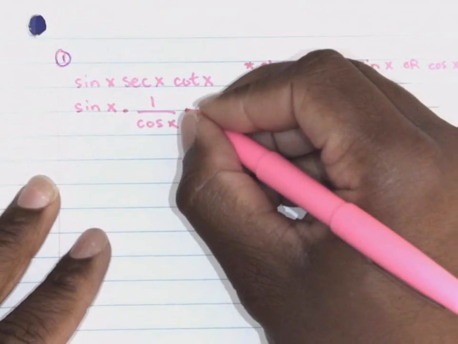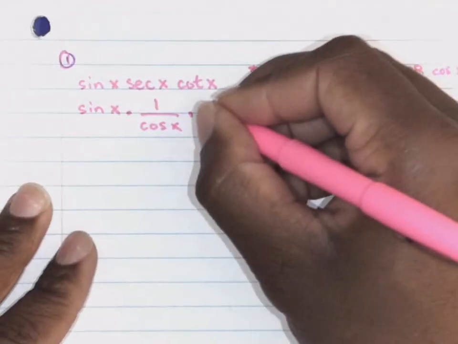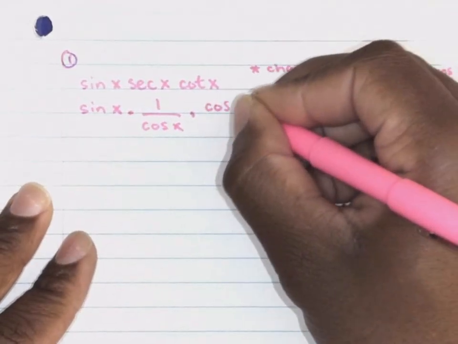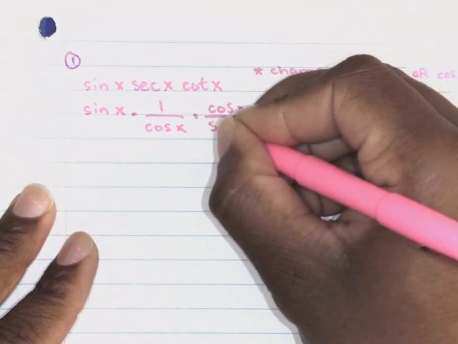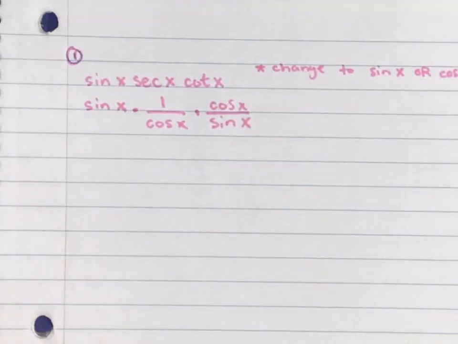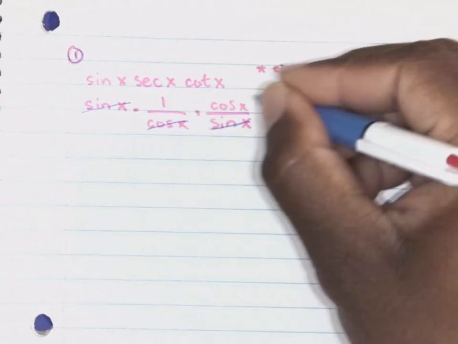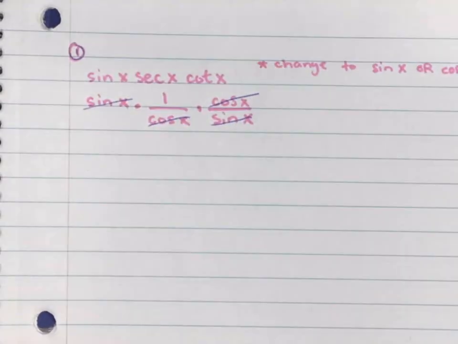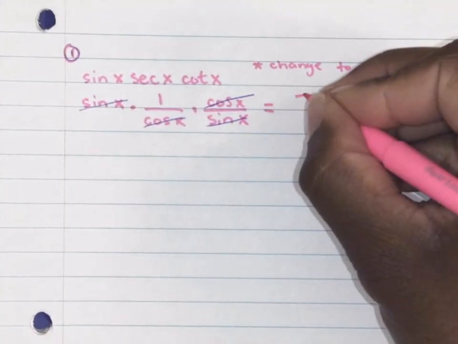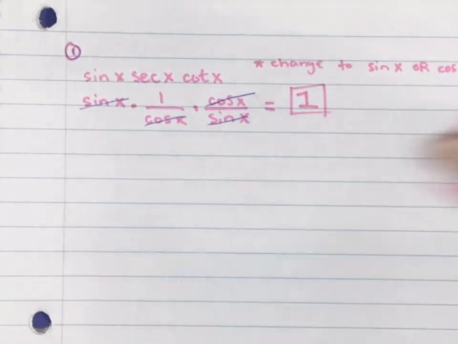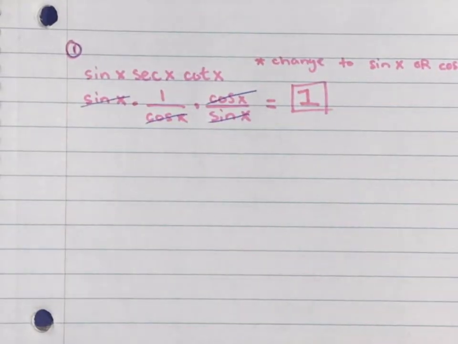And then cotangent, using the quotient identity, I can write that as cosine of x over sine of x. And then from here, I'll just look to see what I can combine or cancel out. So sine cancels out with sine, cosine cancels out with cosine, and the result I get is just 1. First one down.